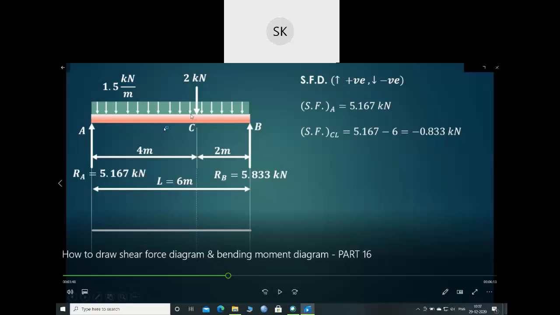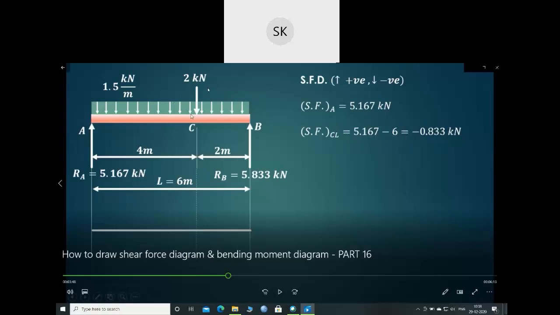Understood? I cannot write just 1.5 because this is in kilonewton per meter. I have to convert this unit into kilonewton, so I have multiplied with the distance 4 meter. The meter will cancel and my load becomes in terms of kilonewton. Got it? So Ra minus 6 gives the shear force at this part.